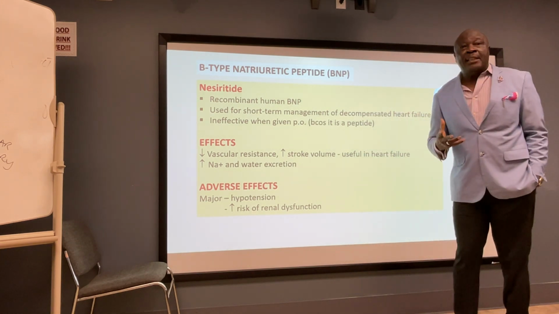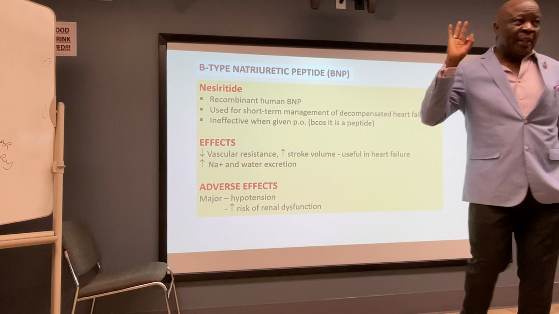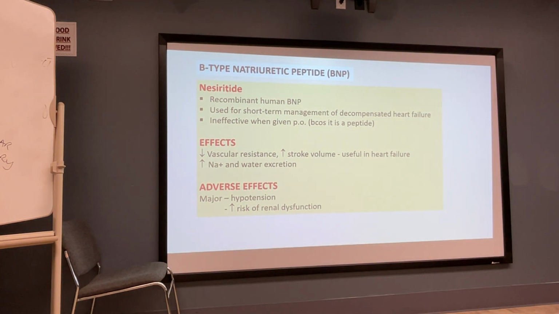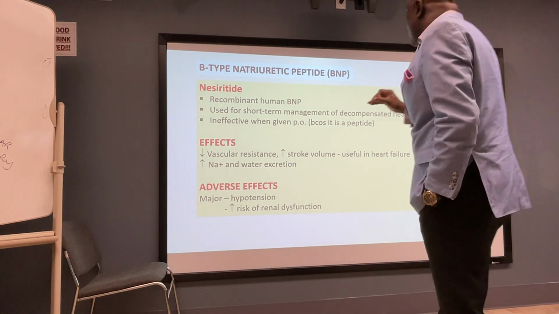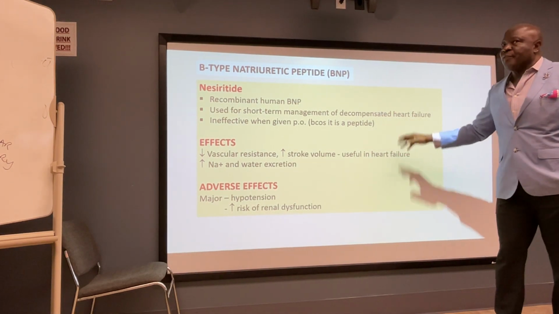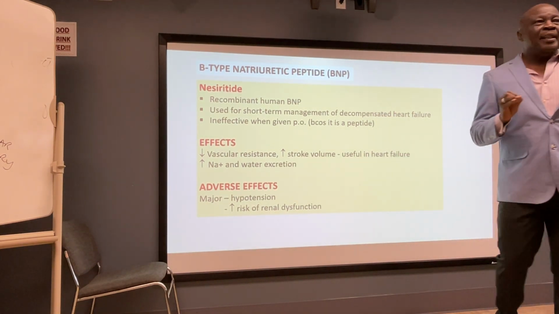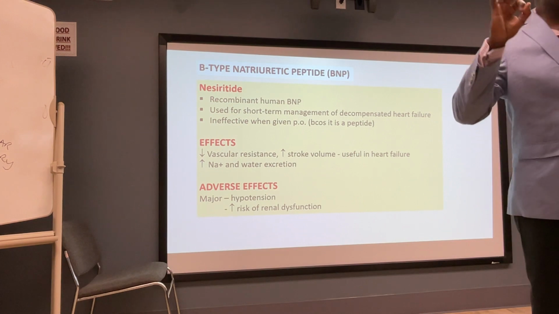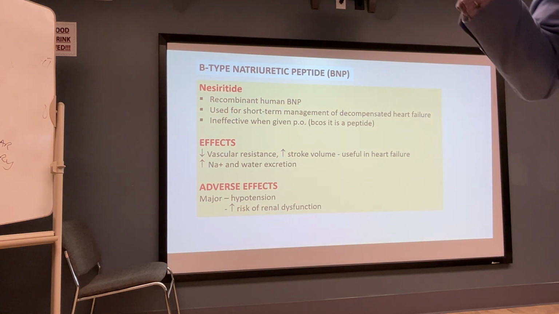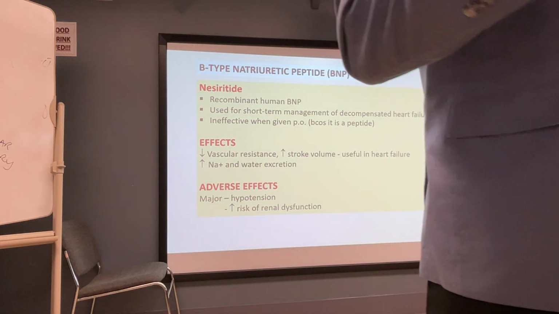And we know the natriuretic peptides have 2 effects, if you remember: natriuresis and vasodilation. So it's used for short-term management of decompensated heart failure. And in heart failure, you have 3 approaches: you decrease preload, you decrease afterload, and you increase contractility.